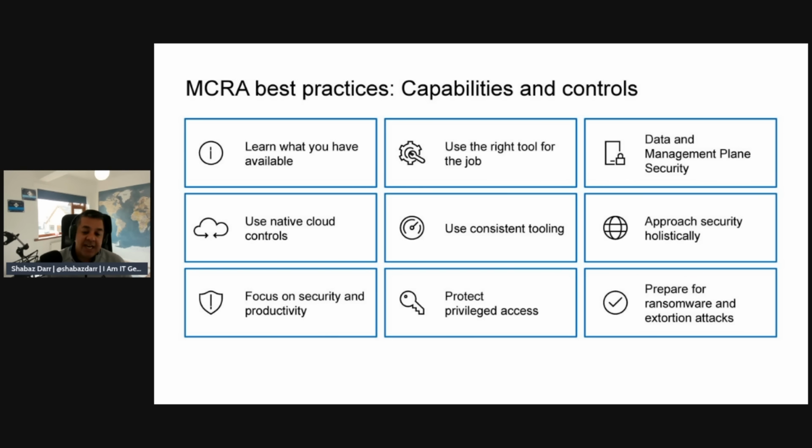And protect your privileged access, so ensure that privileged access accounts and systems are protected with elevated security protections, monitoring and response. And finally, prepare for ransomware and extortion attacks. Ensure that you are mitigating the risk of ransomware attacks, starting with the more impactful controls.